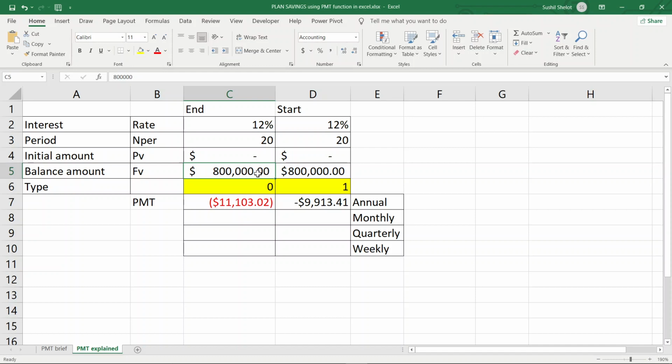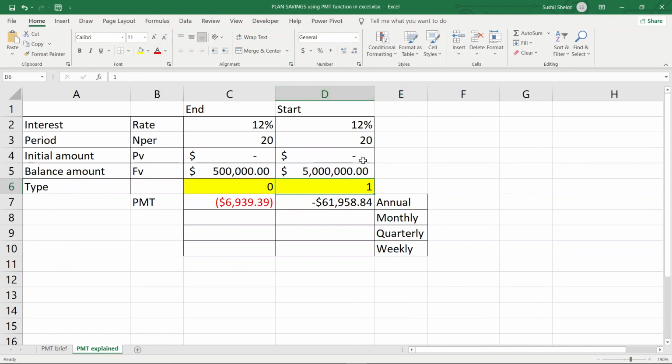So if someone thinks about some other value, say 500,000, there it is, the value changes drastically. So in this way, one can use Excel to make the corresponding changes, and accordingly the values will be returned. So this is how one can make the calculations.